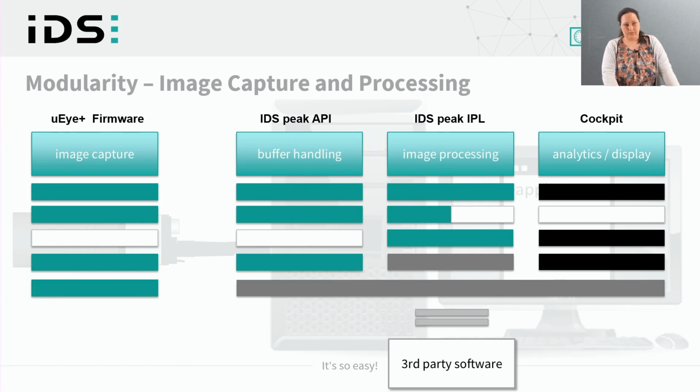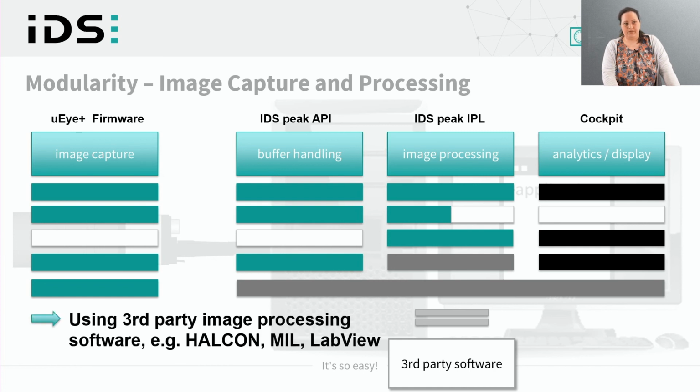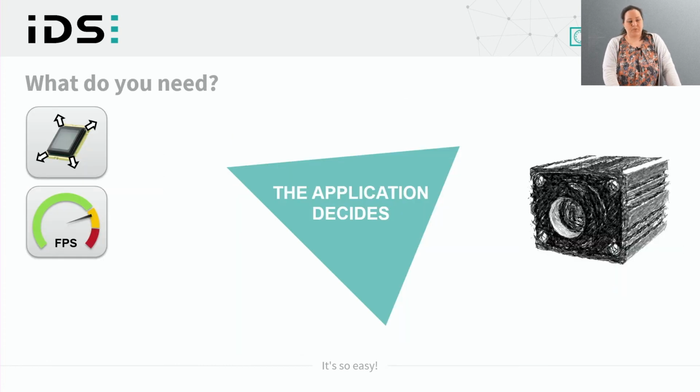Or, last but not least, you use the camera firmware directly connected to third-party software, for example, Halcon, Matrox Imaging Library, or LabVIEW. All in all, we have to say the application decides, be it hardware or software, be it camera or software feature in the host PC.